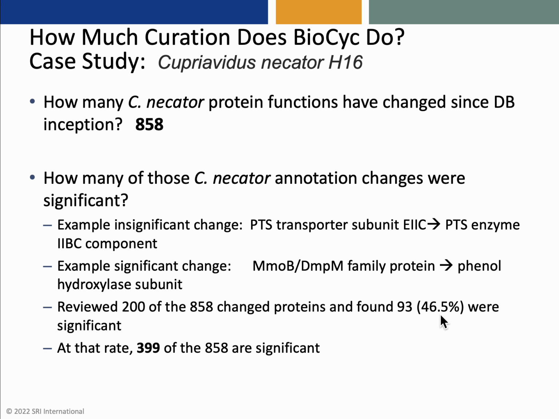So if we extrapolate that rate of 46.5% to the 858, we see that 399 of the 858 are probably significant annotation changes, which in my view is a large number. That's a good fraction of the genome that's been updated by our curation procedures and improved to give more accurate annotations.